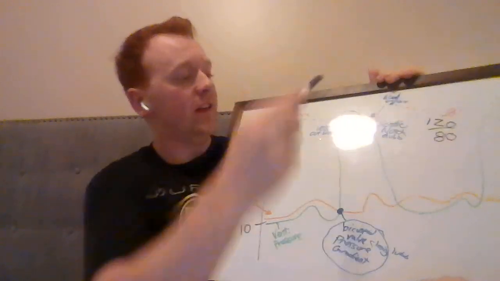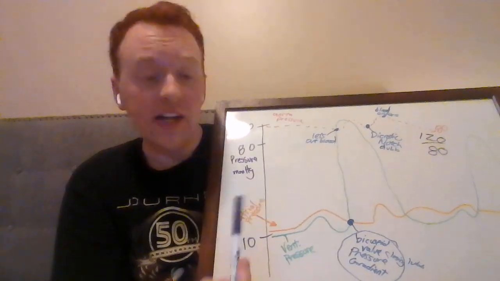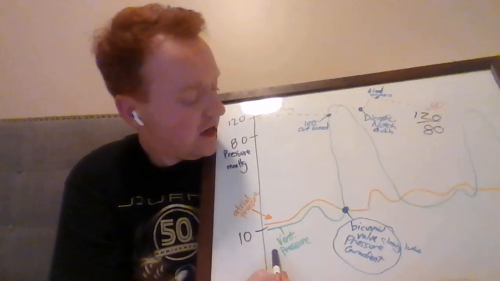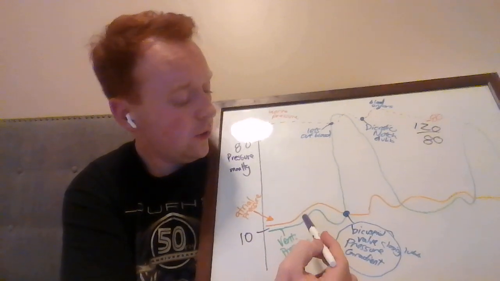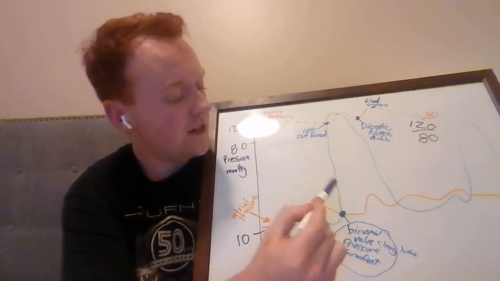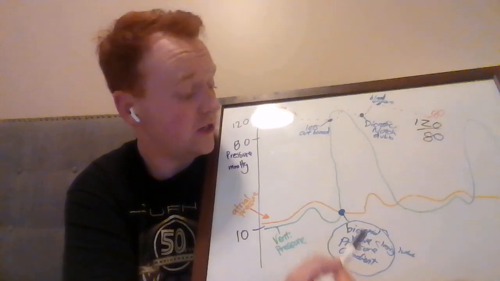To go over this all in all: orange is atrial pressure, green is ventricular pressure, red is aorta pressure. When green and orange cross, the bicuspid valve closes because of how much blood pressure there is.